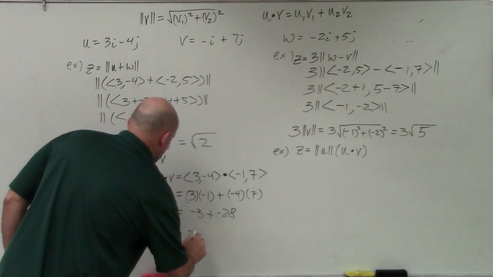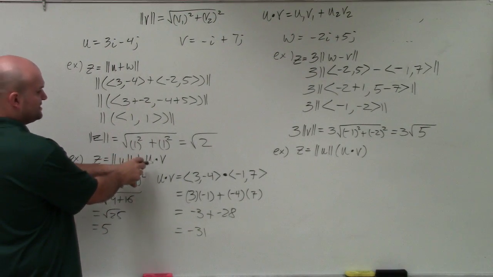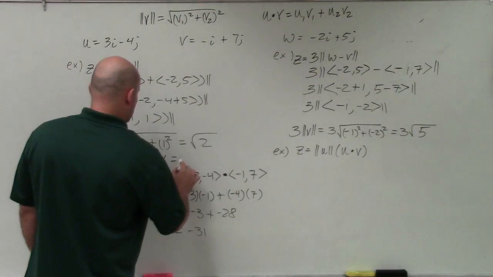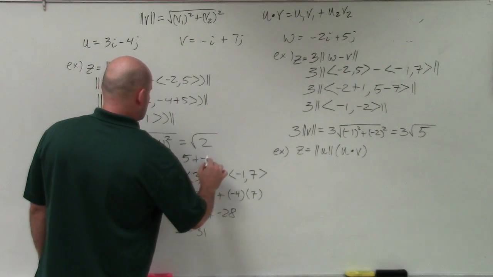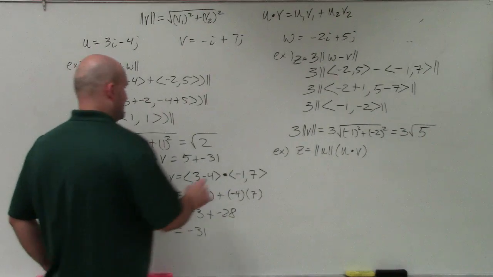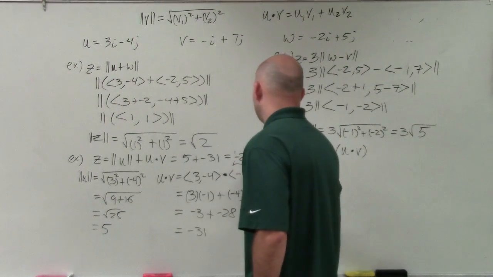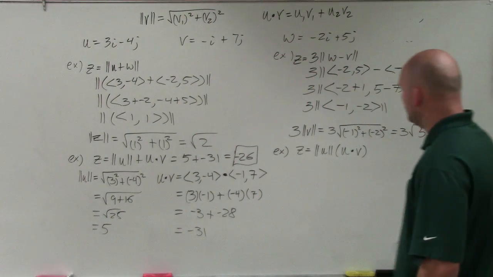So that equals -31. Therefore, the magnitude of u plus the dot product of u dot v is equal to 5 plus -31, which is just going to equal -26. I'll put a little square above that so you don't miss it.